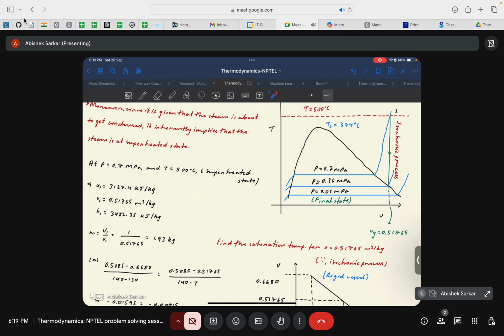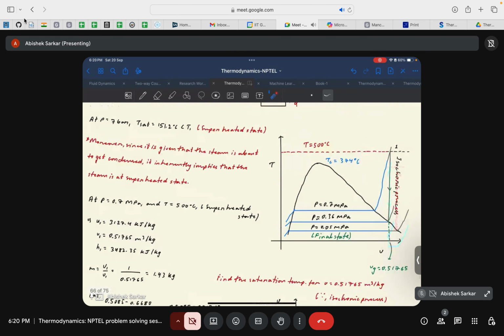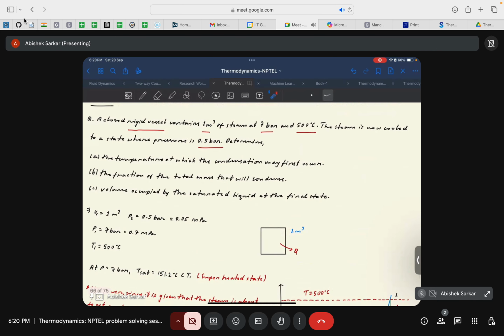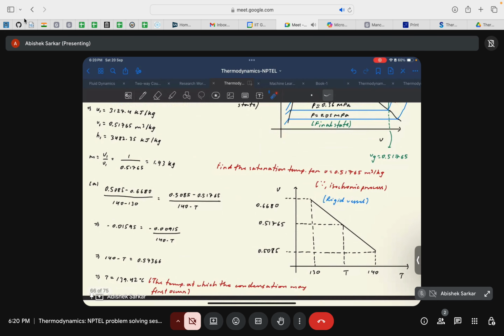Our task is to look into the saturated steam table and find the value of temperature, because if you go back to the question, it is specifically mentioned to find a temperature.